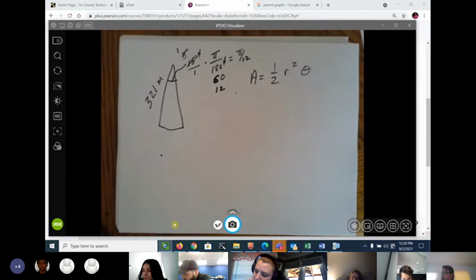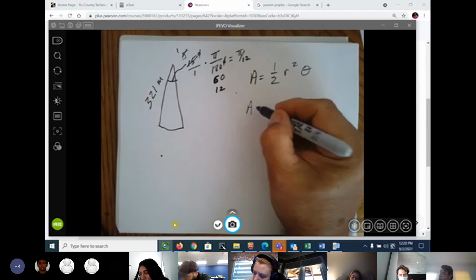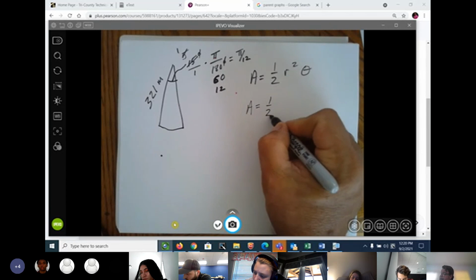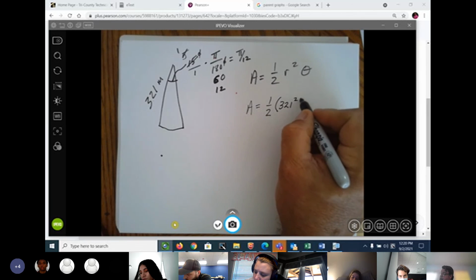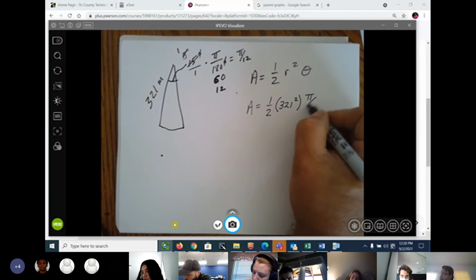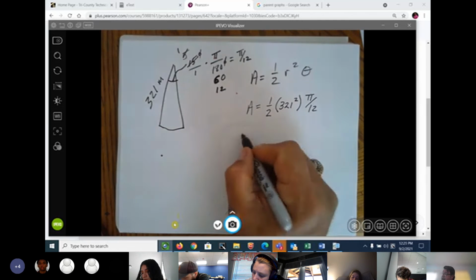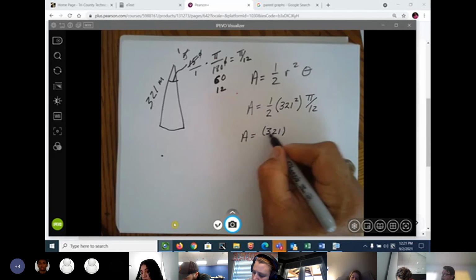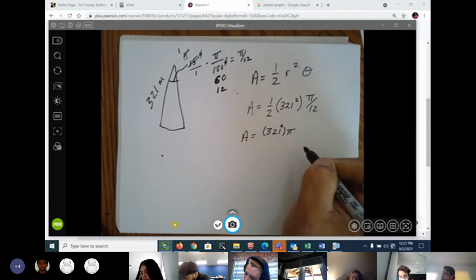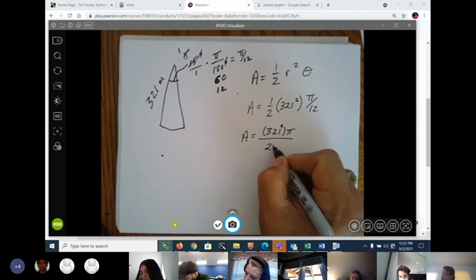I've got to open up a new black pen. So area is equal to 1/2 times 321 squared times pi over 12, which will give me A is equal to 321 squared times pi over 24.